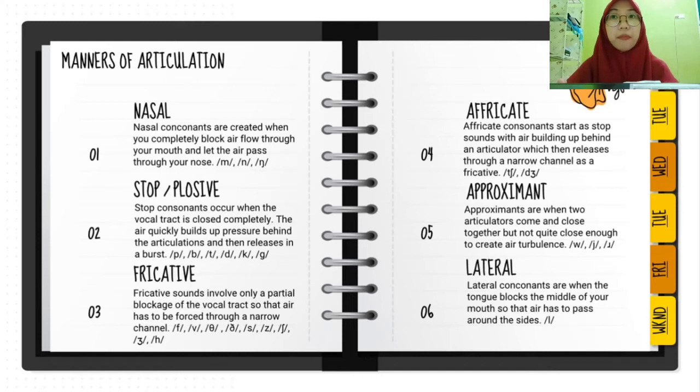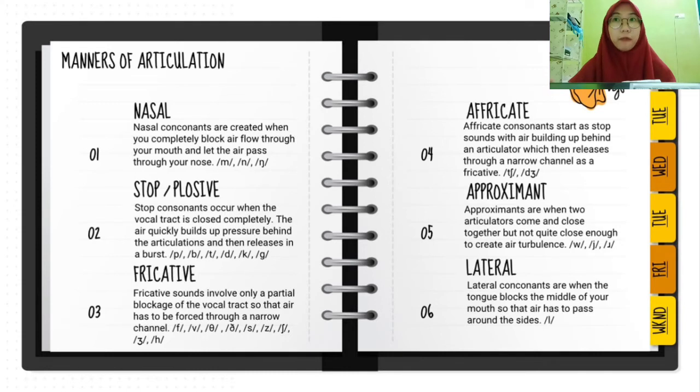Dip, bad. Oral passage is blocked by pressing the tongue tip against the alveolar ridge. Kite, back. Block airflow with the back of the tongue against the soft palate. Good, back. Block airflow with the back of the tongue against the soft palate.